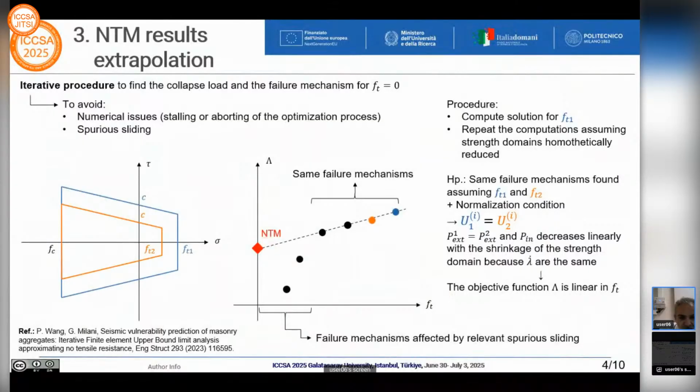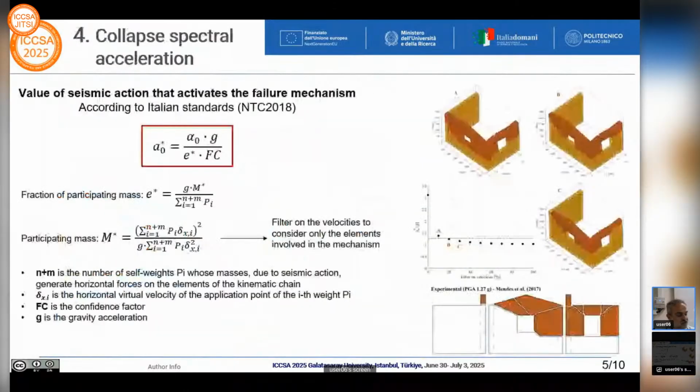And this is something that is particularly interesting because, as I mentioned before, the Italian code, the technical code on the constructions, the very recent one that dates back to 2018, requires evaluating this acceleration parameter that is called A0 star.